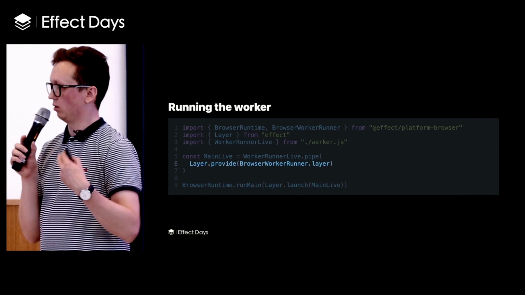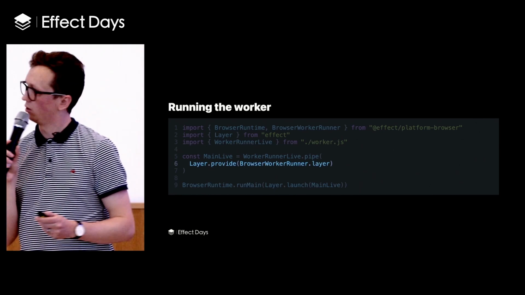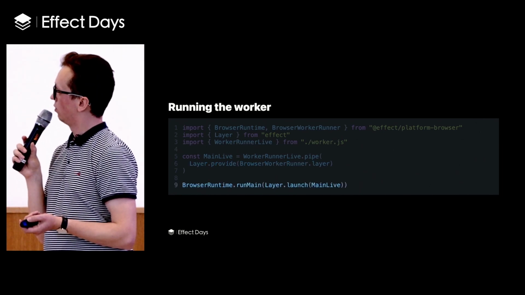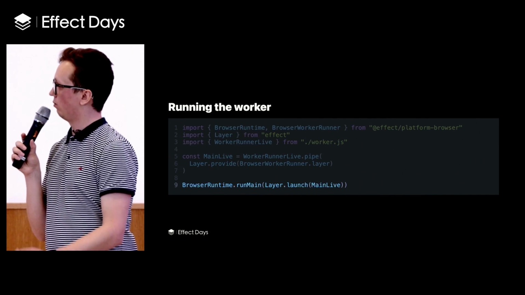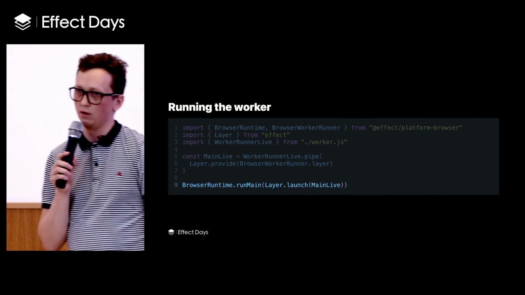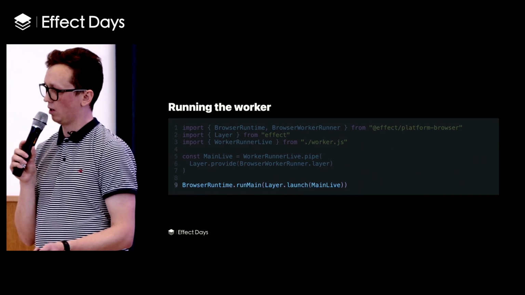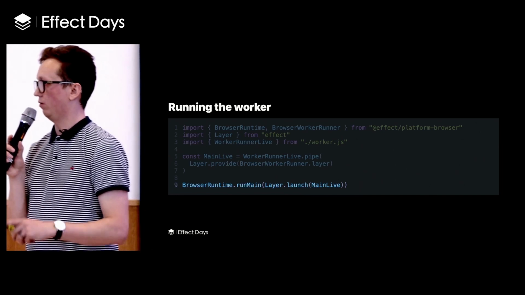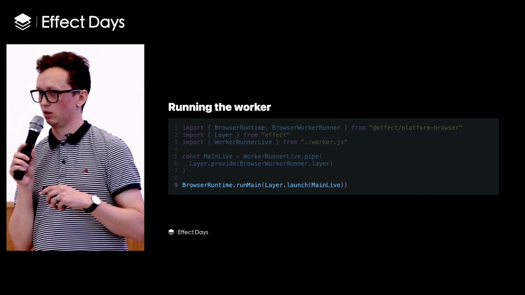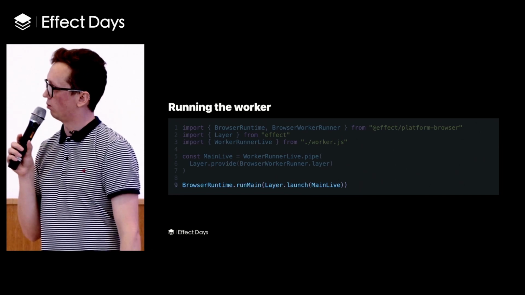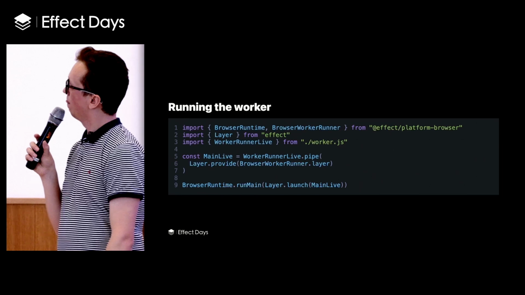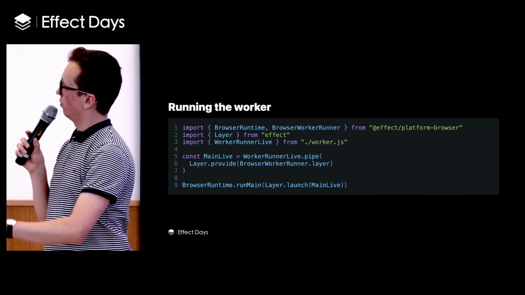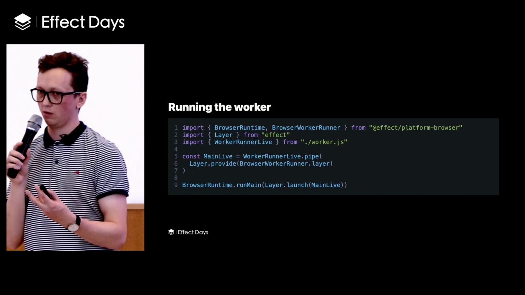And that will, under the hood, use web workers and run it for you. And then you can just run it using layer.launch, or you could use effect.runFork. But runMain is quite a cool part of the platform package, and it will just set up interruption for you. So it attempts to detect if the browser window was closed, the browser was shut down, and cleans everything up safely. So at this point, we've got a fully working worker runner.